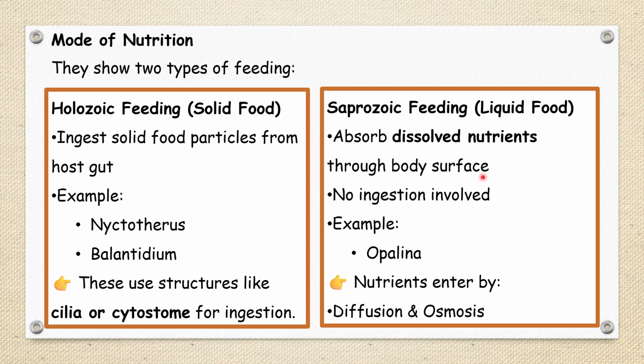No ingestion and digestion is required, as in the previous slide, where we talked about saprophytic or saprozoic nutrition, right? Where the dissolved nutrients are directly grabbed. For holozoic type, the food robber examples are like Bacterium. On the other hand, for saprozoic parasites, the food robber category example is Opalina.